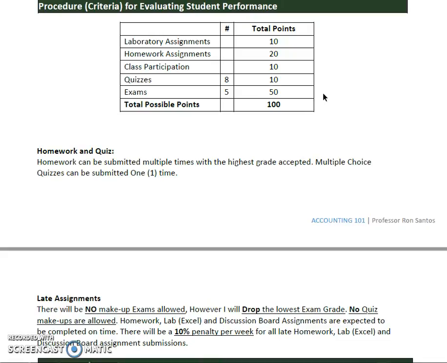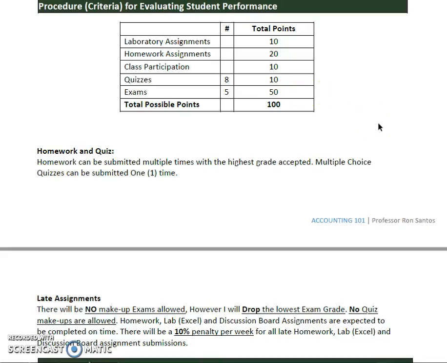Quizzes, the average grade times 10%. And then your exams, your average grade times 50%. You add those raw numbers up, and it'll give you your grade. You should be able to figure out your grade at any given time. Excel is a good source for figuring it out.